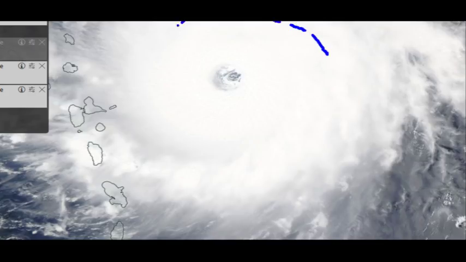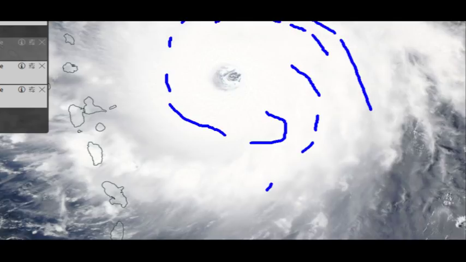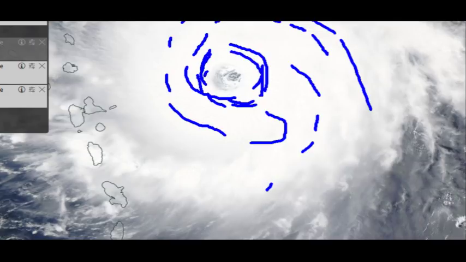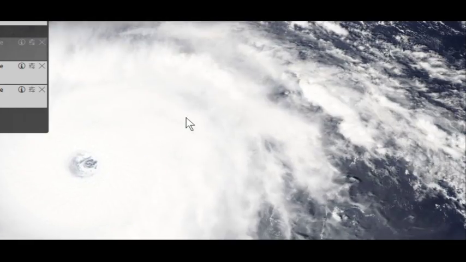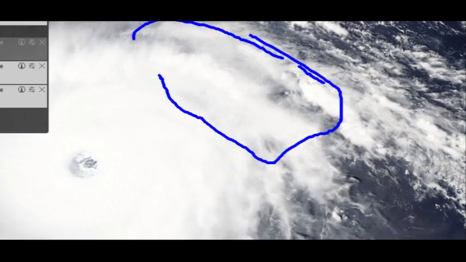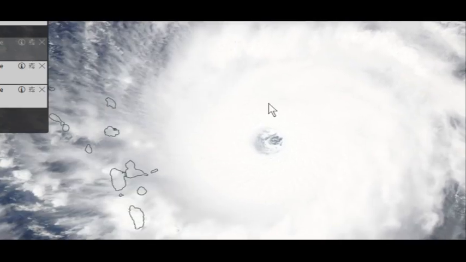If I had to guess, it would probably be kind of in a band, maybe something like that, and then the main eye wall would be focused in an area kind of like that right there, and looks like a few spiral bands out that way to the northeast, and this would probably be a good area to watch waterspouts if you could get out into that region.